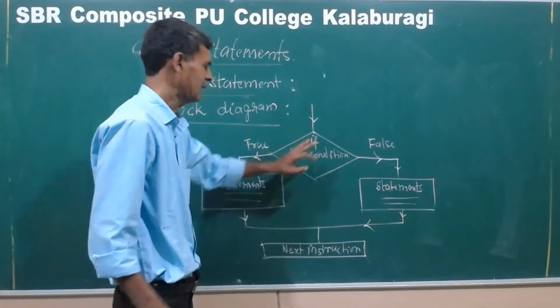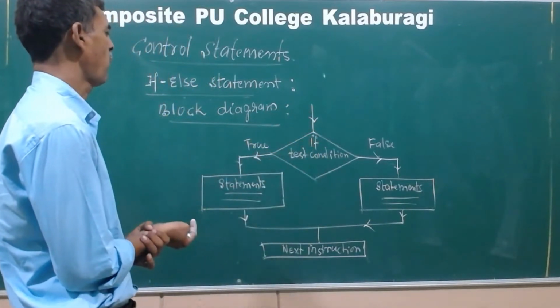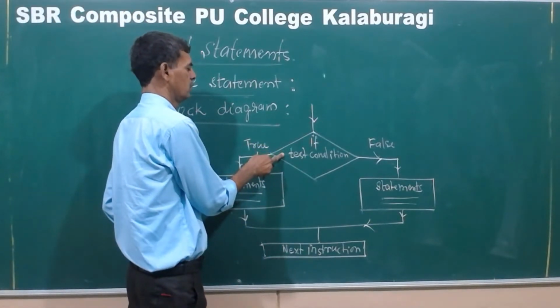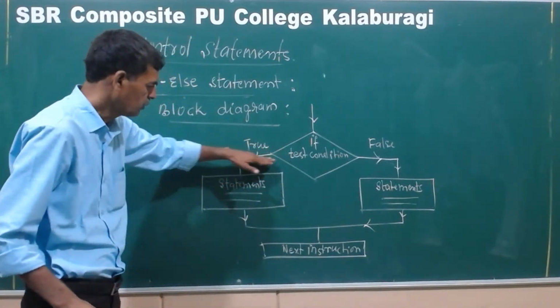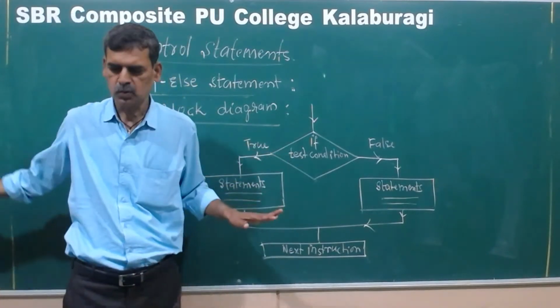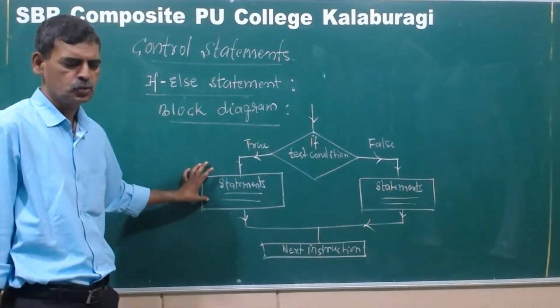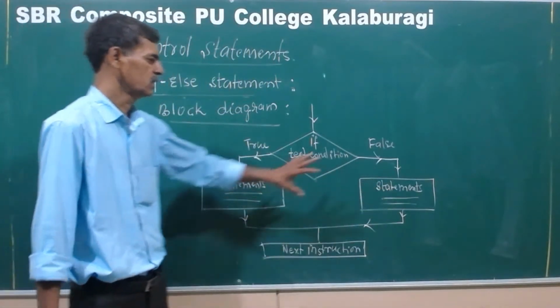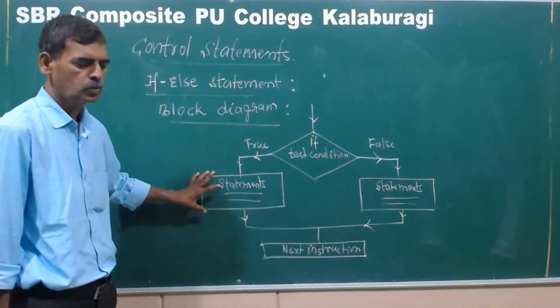It will check the test condition. If test condition is true, then control comes towards right side. This you call as true block. You call it as false block. Statements in the false block, statements in the true block.